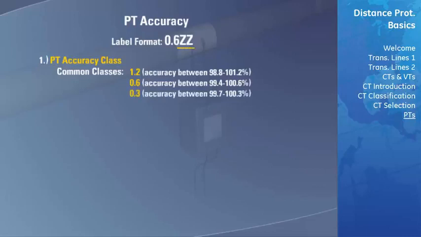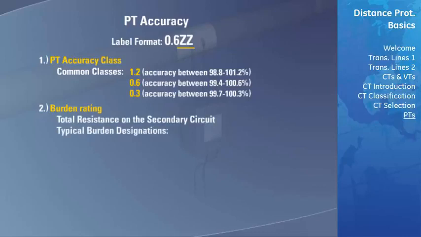The next character in the label is a letter designating the burden rating. As previously mentioned in CT selection, the burden represents the total resistance on the secondary circuit. The typical burden designations and their corresponding ratings are as follows. The W rating indicates the PT will operate accurately as long as the burden doesn't exceed 12.5 volt amperes.